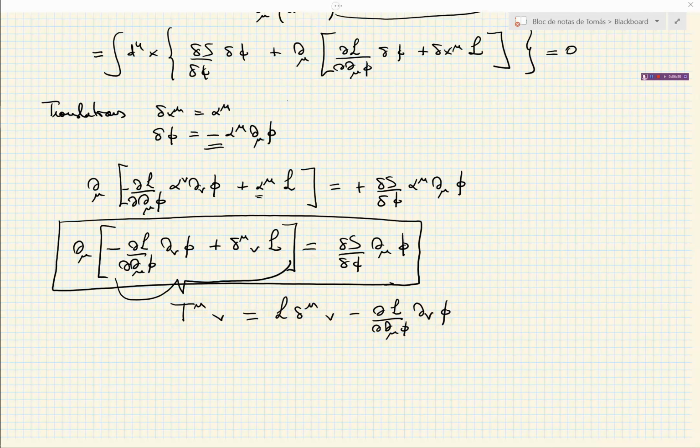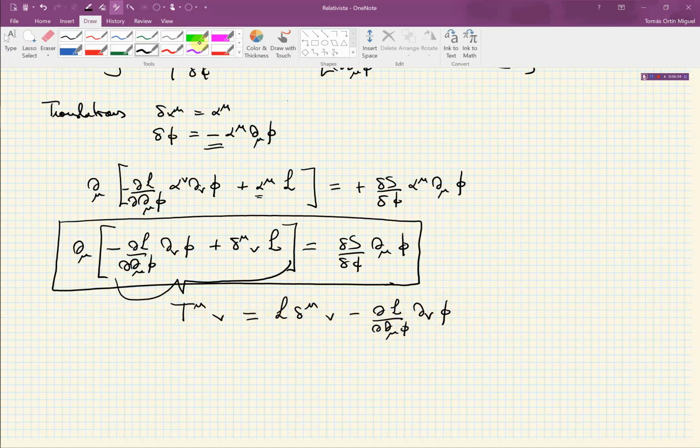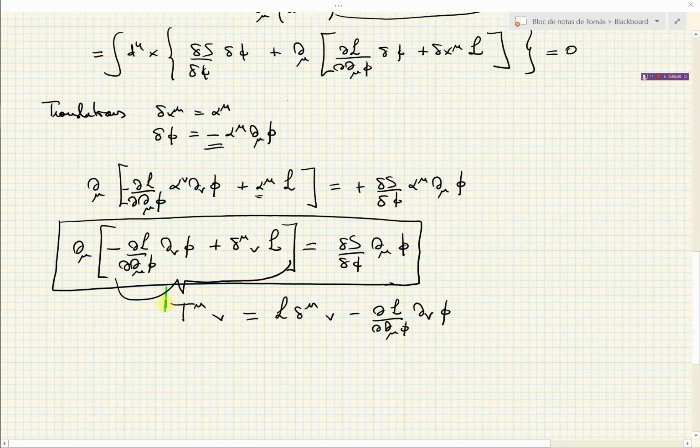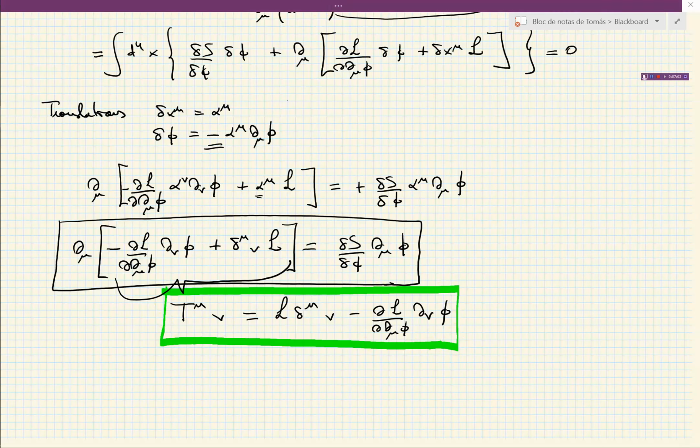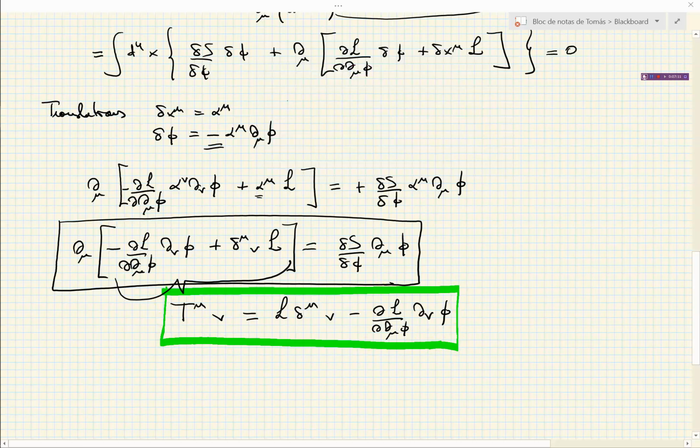And this is a very important object, so it deserves to be framed. Okay. And this is the energy momentum tensor.